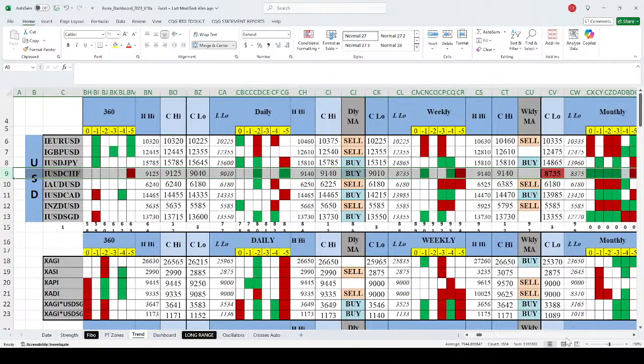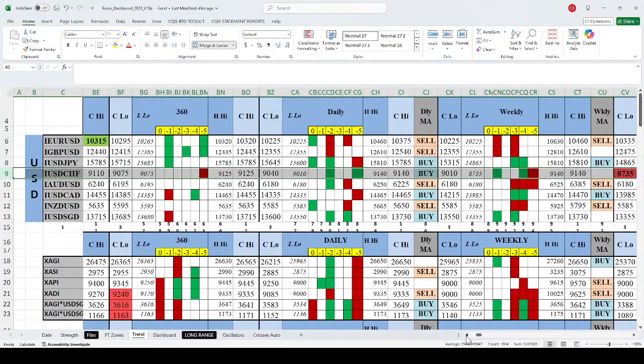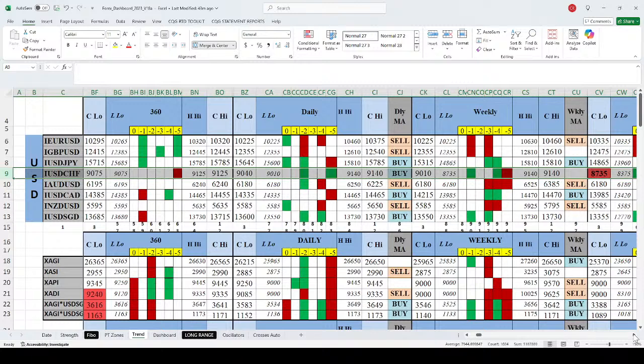Okay, so which means to say that the high is expected to break, or we may have seen the high. So either one can happen. So as of now, we will take that 9140 as a benchmark level. So if it breaks 9140, price is expected to go higher, and if it doesn't, then chances are we may have seen the high, and probably this might be in a range.